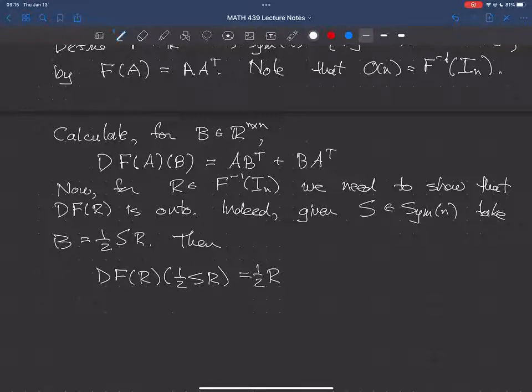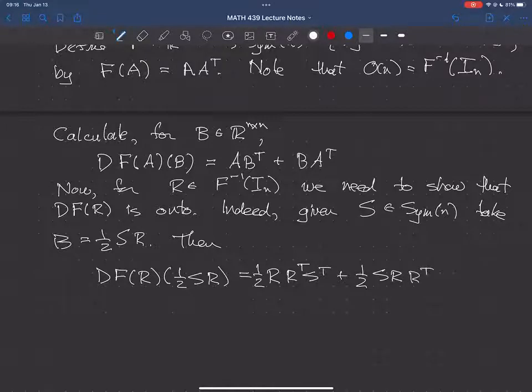So it's going to be R, and then it's B transpose, but B is equal to 1/2 SR. So I'm going to take the transpose of that, so that's going to be R transpose S transpose. And then I'm going to calculate this one now with B equal to 1/2 SR, and A is equal to R.